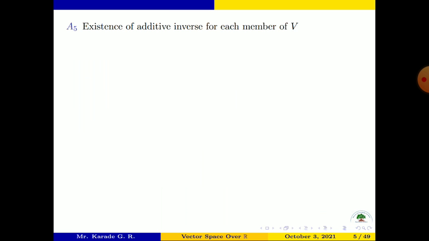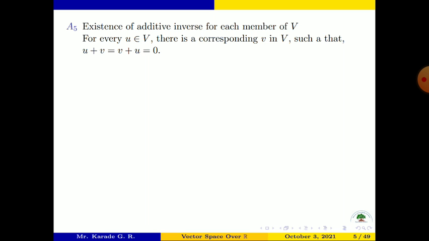Now the fifth condition says existence of additive inverse for each member of V. This means for every u belongs to V, there is some corresponding element v in V such that we satisfy this condition: u plus v is the same as v plus u and it is equal to 0.